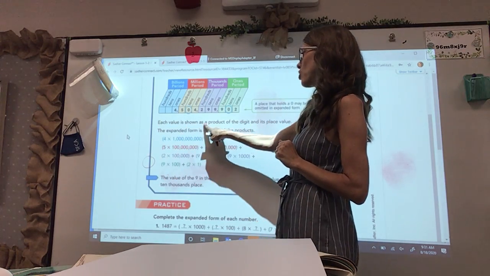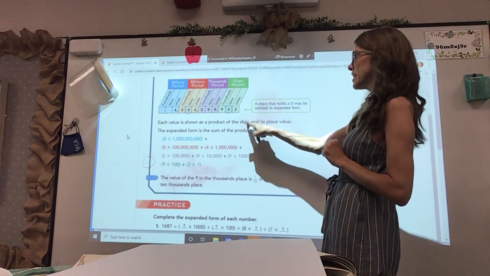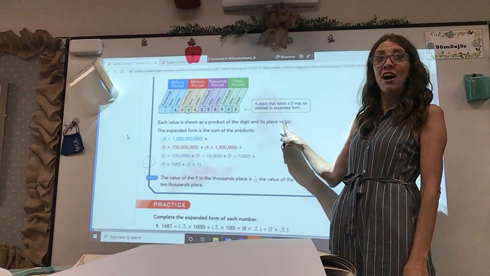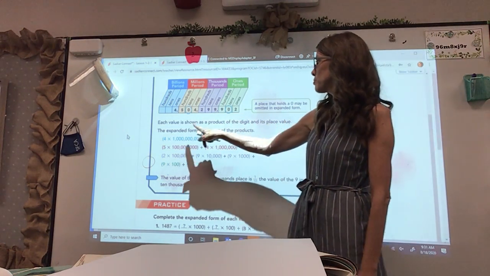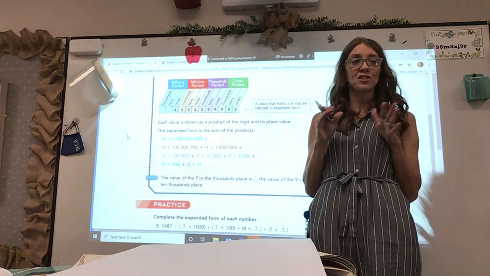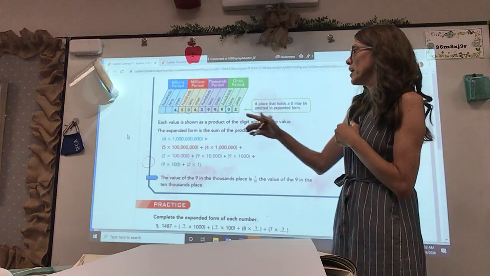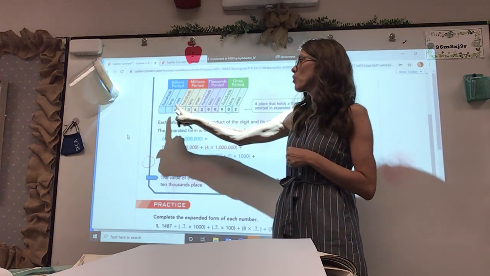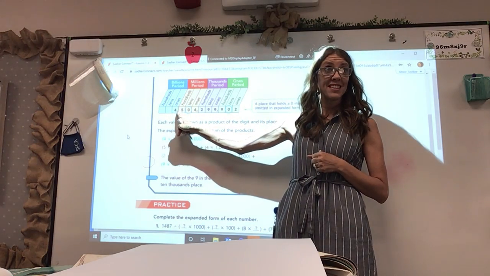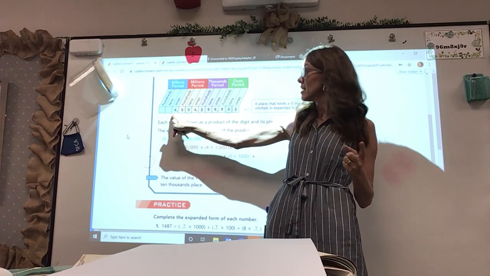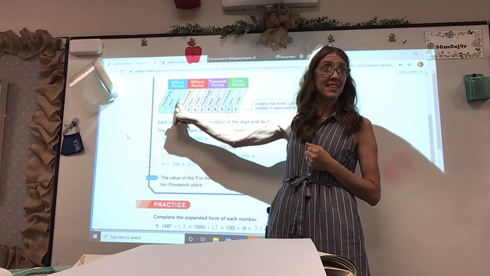Each value is shown as a product of the digit, these are all the digits, and its place value. The expanded form is the sum of the products. Let me help that make sense to you. We are going to expand this number right here. We're going to make it longer. We're going to take each digit, and write the digit times the place that it's in.